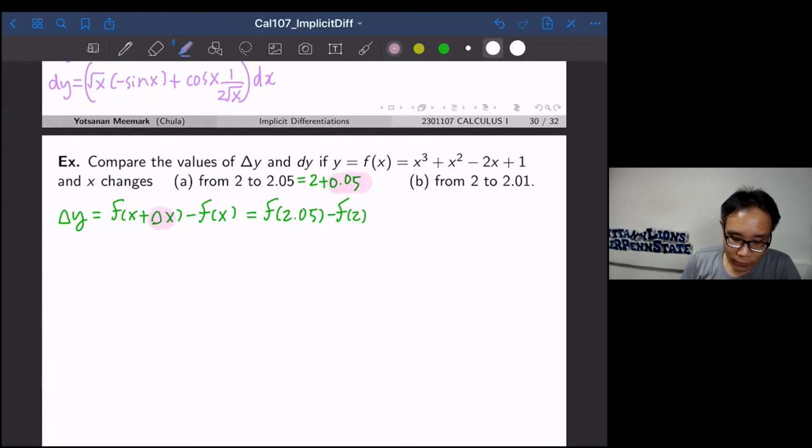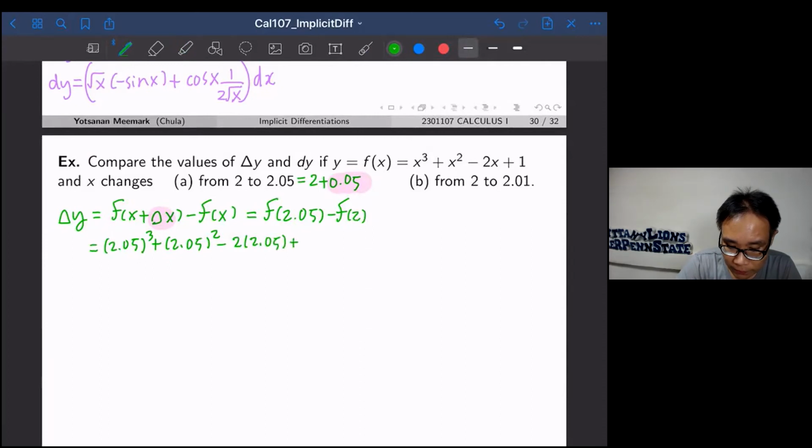So delta y is equal to f(2.05) minus f(2). How could we calculate this one? It's going to be 2.05 to the cubic power plus 2.05 squared, minus 2 times 2.05 plus 1.